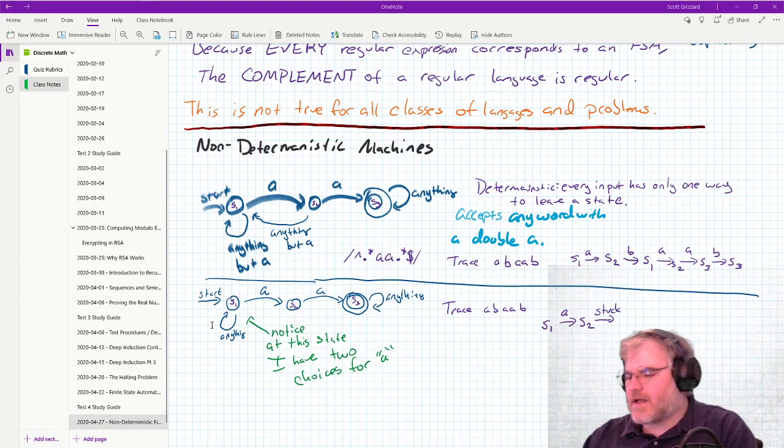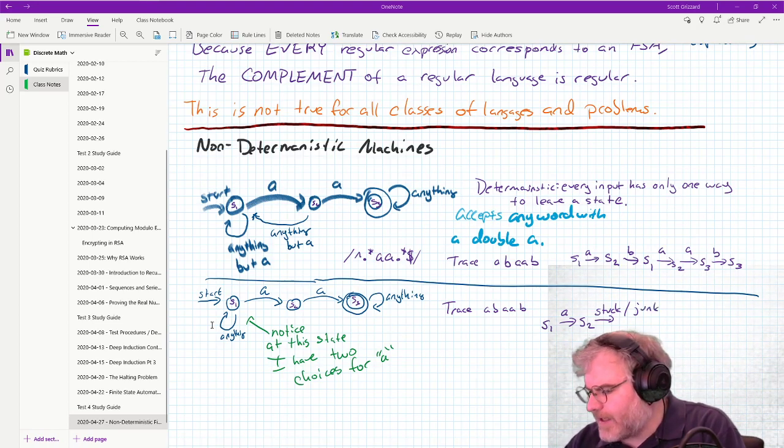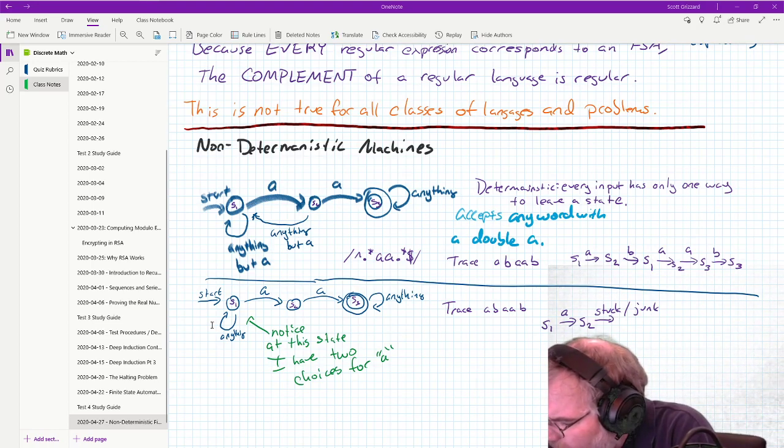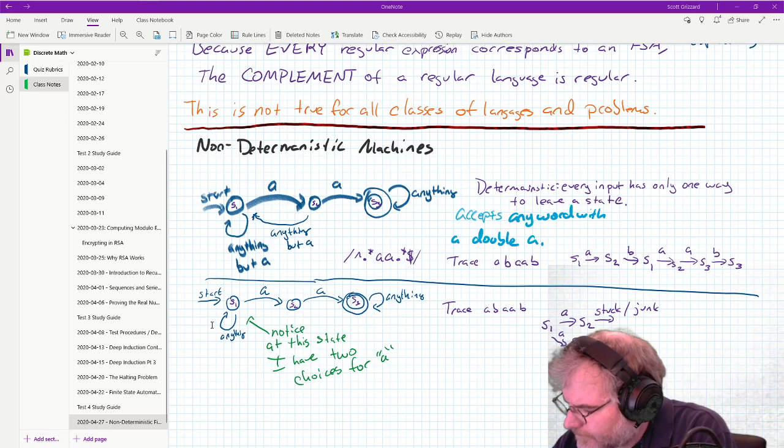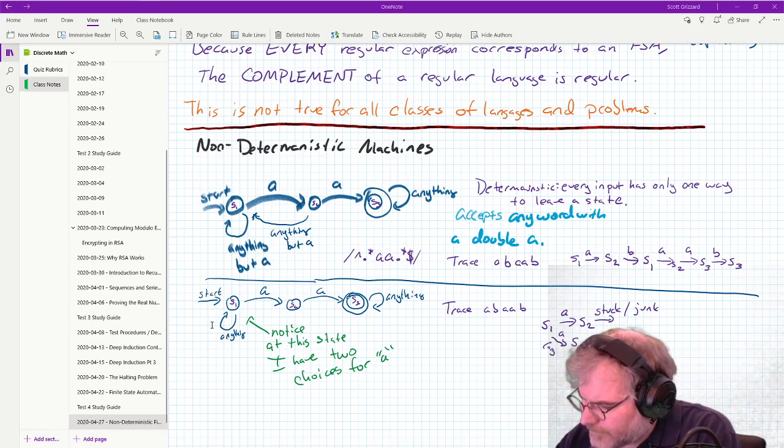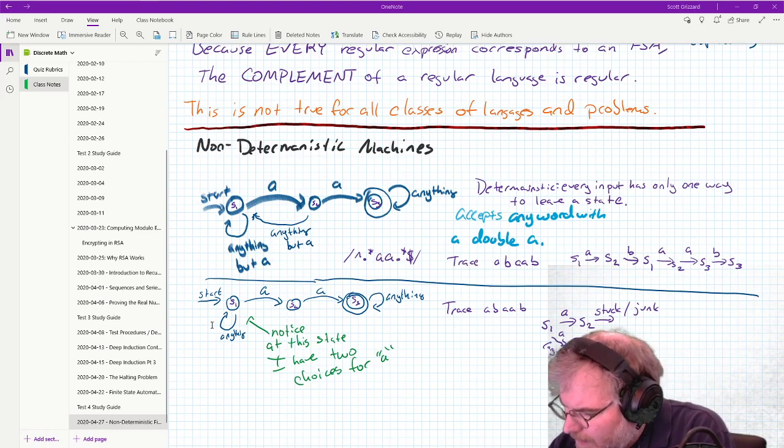I don't really have a junk state pointed, but that's the point. I wind up with junk. However, I could have also gone from S1 back to S1 along the anything, and then gone to S1 along with a B. Then gone along the A to S2, then to S3, and then to S3 accept.